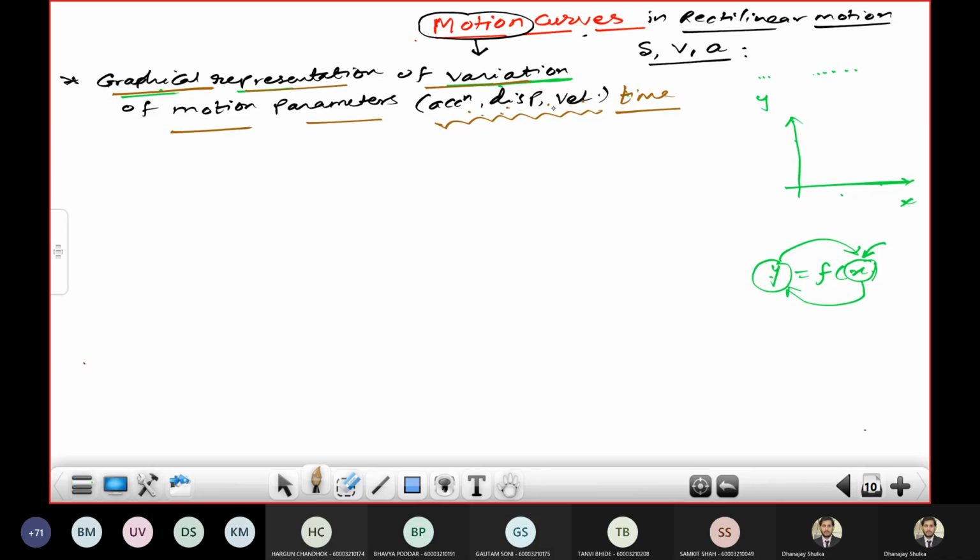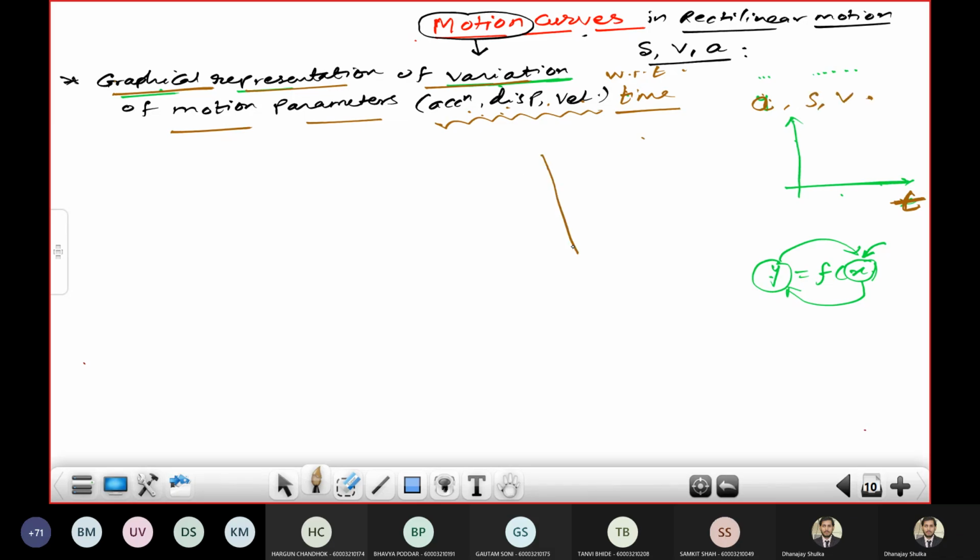Any one of these three will be there, with respect to time. So your x-axis will always be time. Now the y-axis may be acceleration, velocity, or displacement.